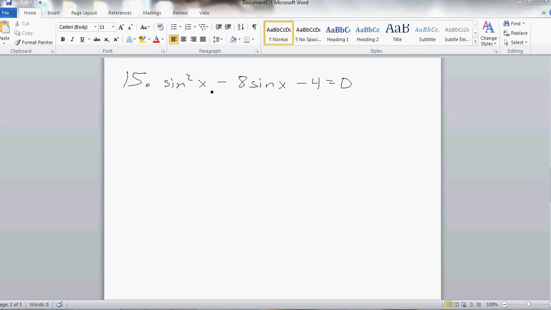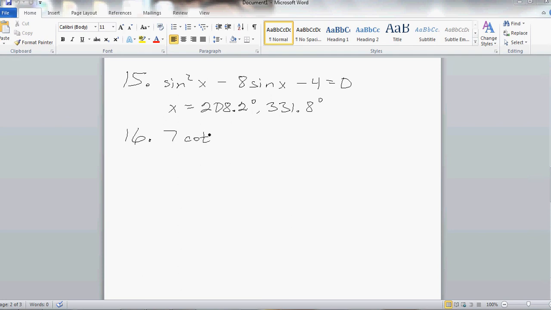Y equals sine squared x. Remember how to punch in the squared functions. Minus 8 sine of x minus 4. When we do that and we find the x-intercepts, we find that x is equal to 208.2 degrees as well as 331.8 degrees.